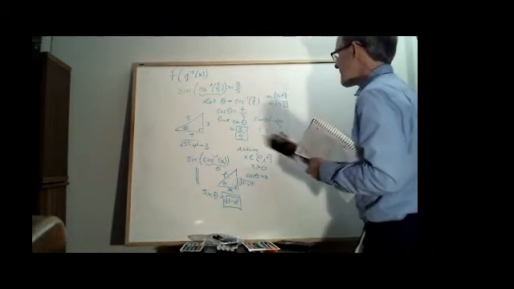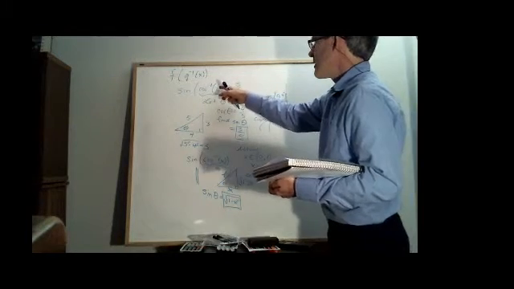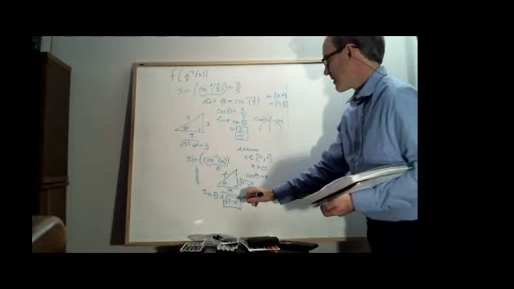That is how I get this 3 over 5 as well. If I put in any value between 0 and 1, I can use this formula to get it.